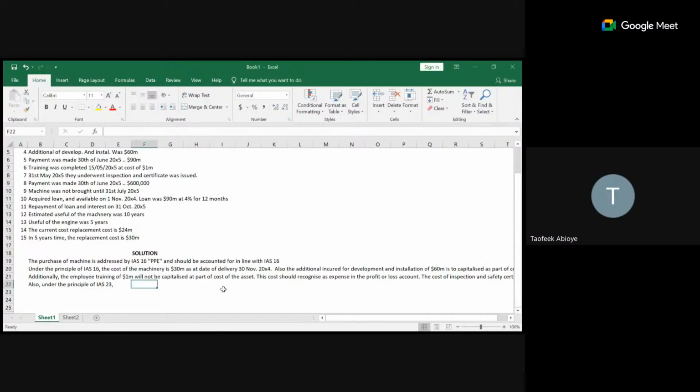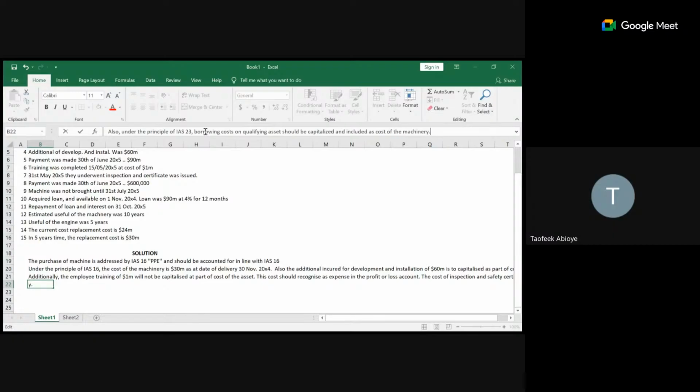Under the principle of IAS 23, borrowing costs on qualifying assets should be capitalized and included as cost of the assets. Cost of the machinery in this instance.